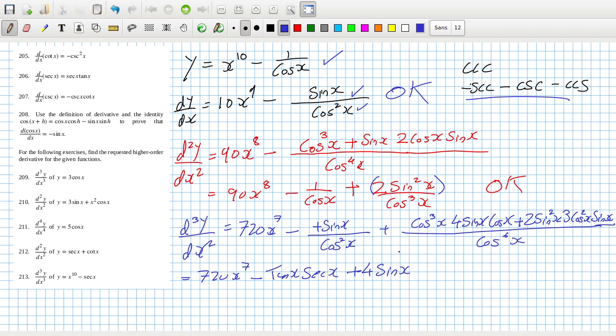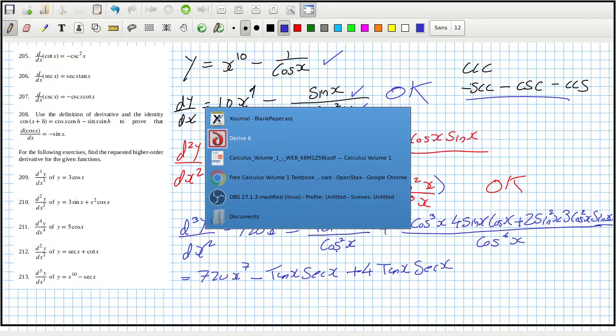Well, actually, sine over cos makes a tan, so I can get rid of one of the cos's. So that's a 5. And then 3 and 1 is 4, and that's a 5. So there's a cos in the denominator, so that makes it a sec. Okay, so that's good.